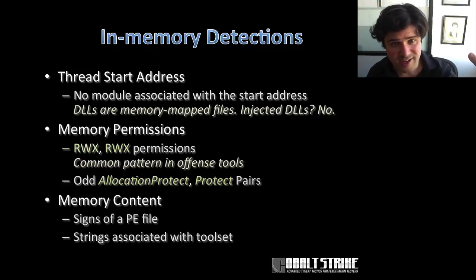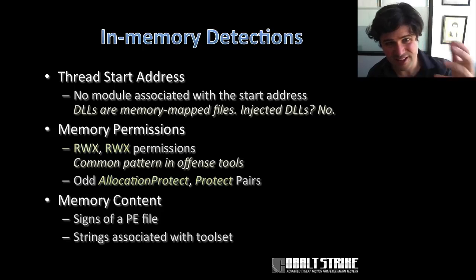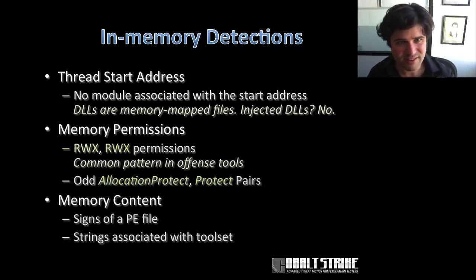And it looks at the start address because the start address is something you can easily get. And it just checks, is that start address in a region of memory that is associated with a memory mapped file or a module loaded into the current process. I have to be careful here because you can memory map a file without it being a module, but you're getting me so far.